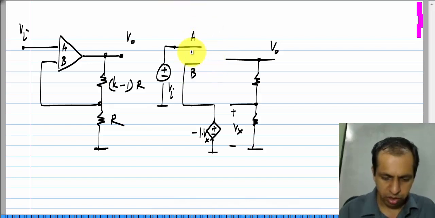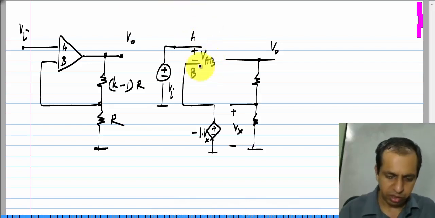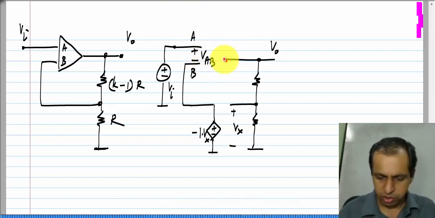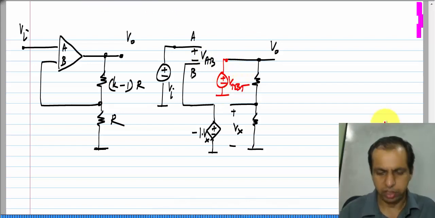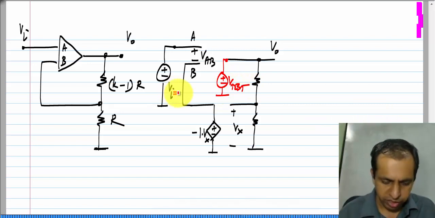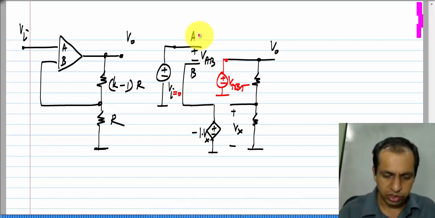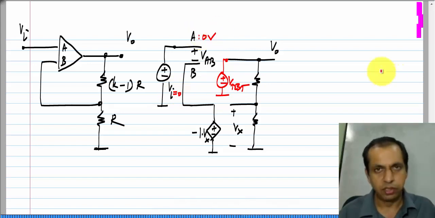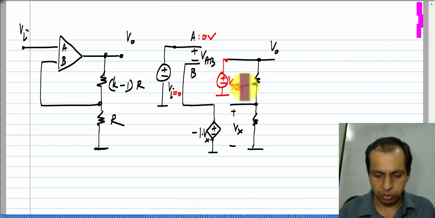As usual, these are A and B, and this is V A B, and the first step is to apply a V test over here and also set V I to 0. So, the voltage at node A is 0 volts, and the voltage at node B, let us see what it is.